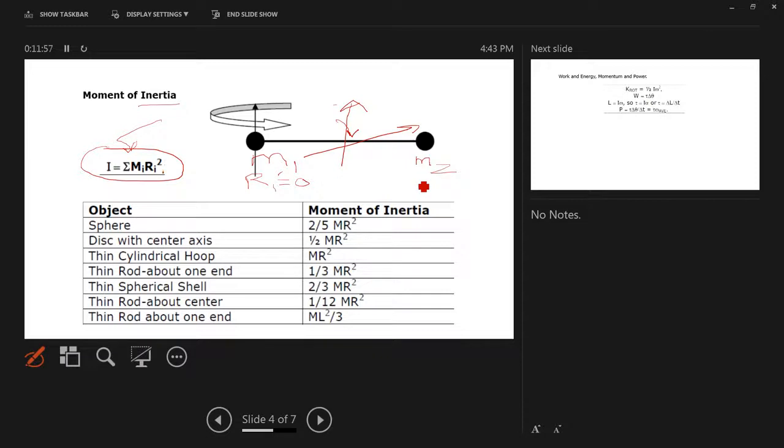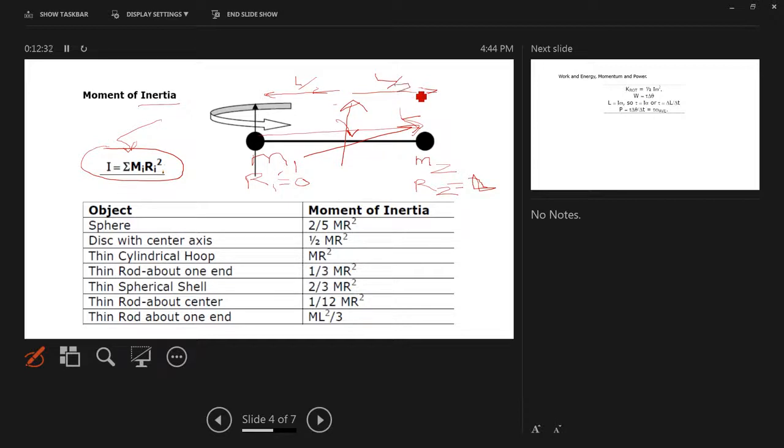Whereas the value of R for M2, we'll just call it L, so that's the distance from the axis of rotation to the point where the mass M2 is located. If we change our axis of rotation to here in the middle, then M1 would be at L over 2, and M2 would be at L over 2.